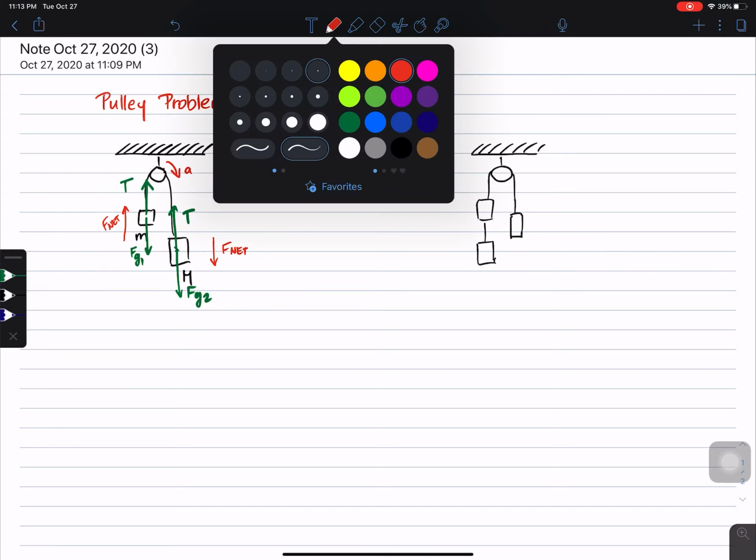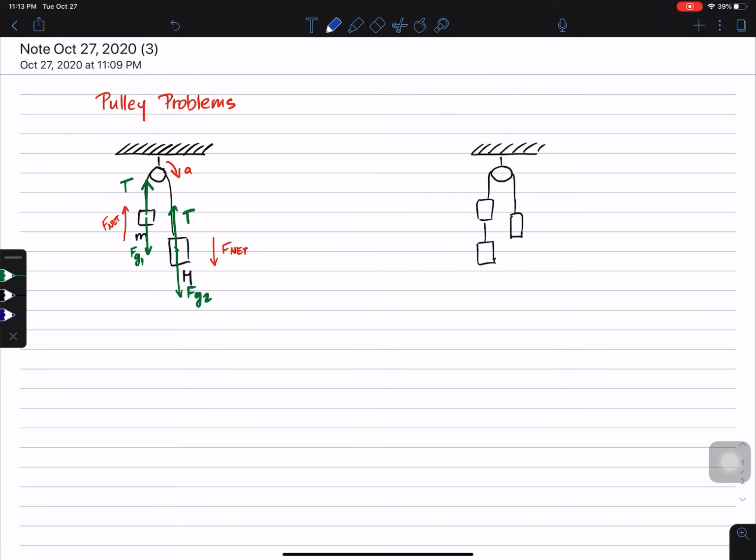The next thing we will do is set up an equation for each object. So let's say this is my object 1. For that one, if it's moving up, that means tension minus Fg1 is equal to mass M times the acceleration.